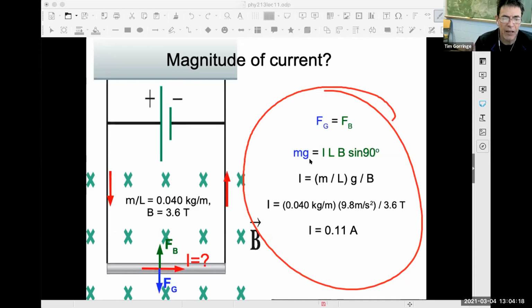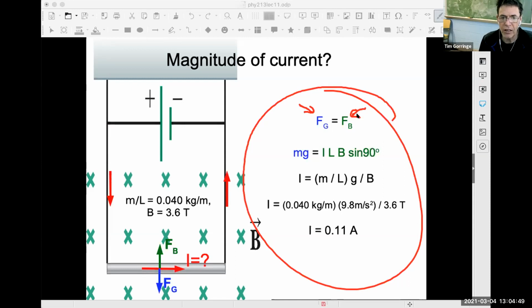I'm thinking about the sizes here. I've answered the question about the direction of the current, and thought about the directions of the magnetic field, the magnetic force, and the gravitational force. I'm just worrying about sizes now. So that's the context of my starting point, that the size of the gravitational force downwards must be equal and opposite to the magnetic force upwards.